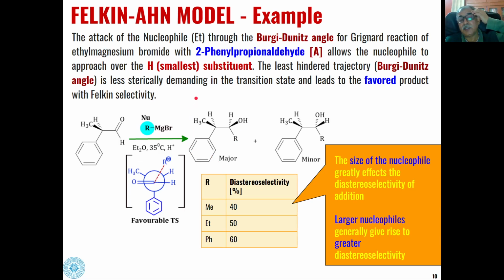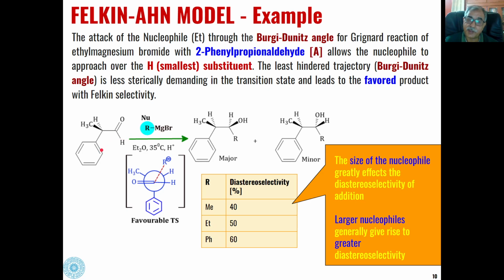Then another example is the effect of the size of the nucleophile on stereoselectivity, or diastereoselectivity. Say in the case of this aldehyde, 2-phenyl propionaldehyde, we undertake a Grignard reaction, and the R varies from methyl to ethyl to phenyl.